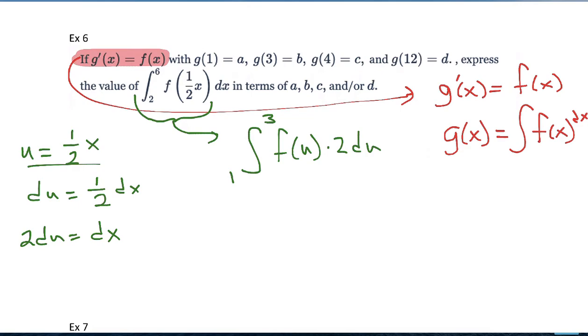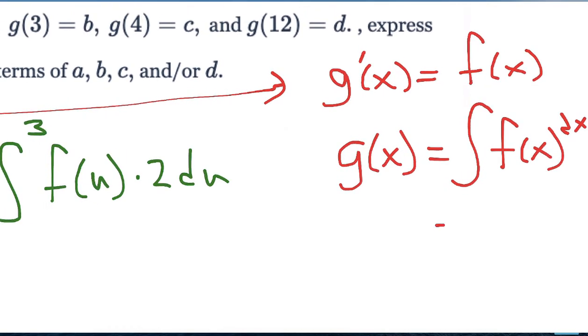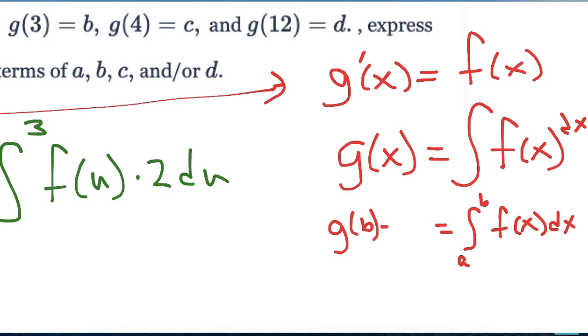Notice what happens if we take this integral over here that I wrote in red. If we integrate from a to b of f of x dx, and we think about that in terms of g, that's g of b minus g of a, using that fundamental theorem.